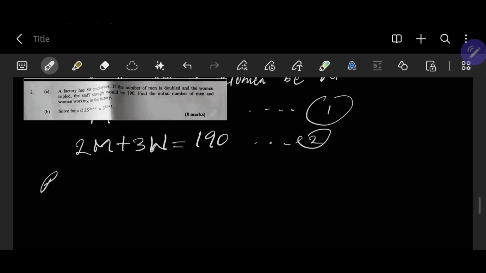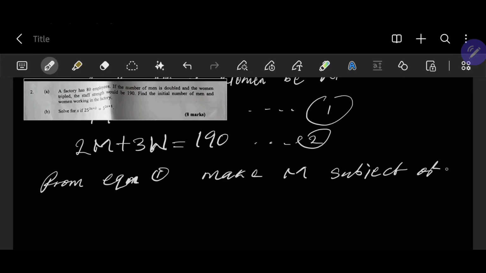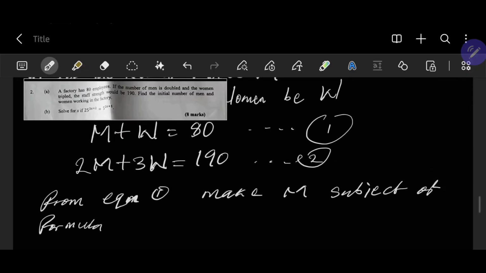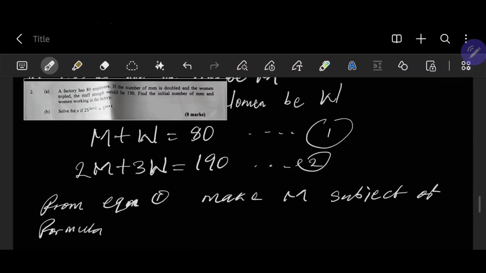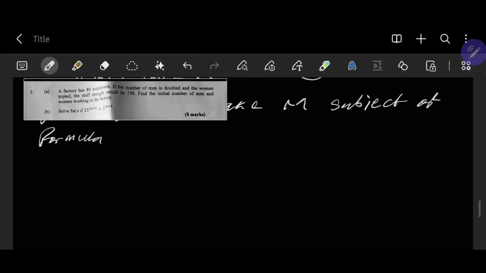So from equation 1, make m the subject of formula. We can do that by simply subtracting w from both sides.